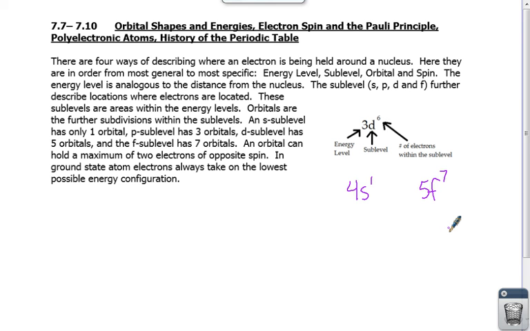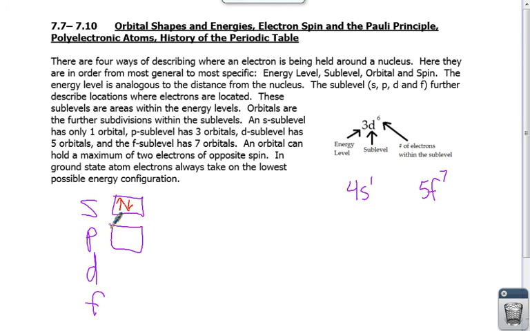And the number of electrons that could fit in a sublevel depends on how many orbitals a sublevel has. So let's see, S, P, D, F. The S only has 1 orbital, and an orbital can only hold 2 electrons. And we represent electrons with these little arrows.